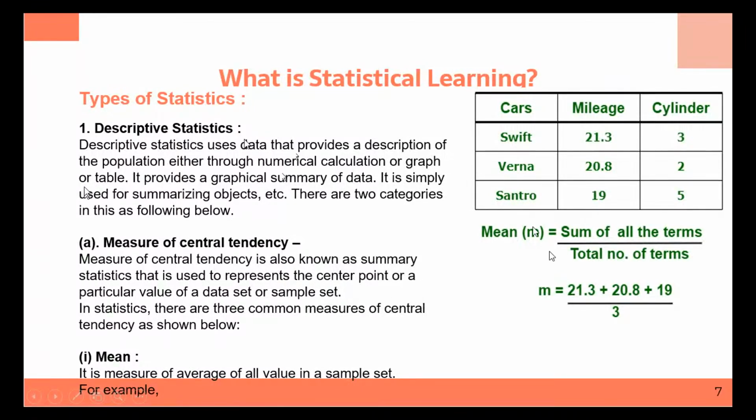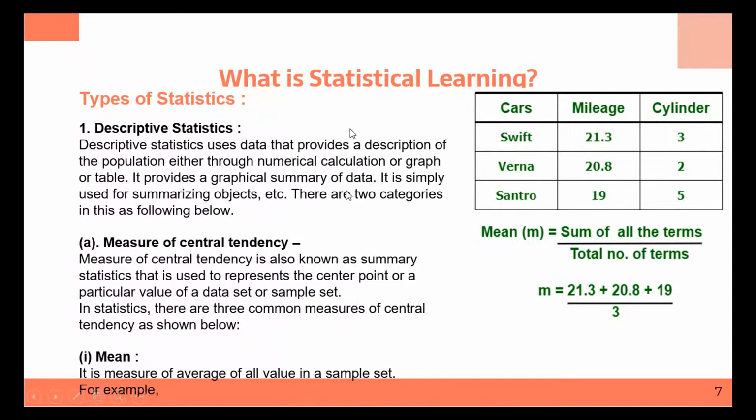Descriptive statistics uses data in tables that provide a description of the population. Population is the data of any individual, event, or object. Here the object is a car. That's the data we are going to collect and tabulate. We use it for numerical calculation and show it in terms of a graph or table. It provides a graphical summary of data.